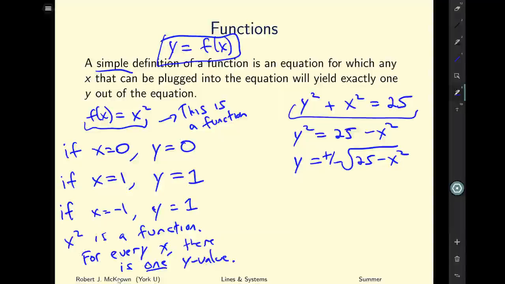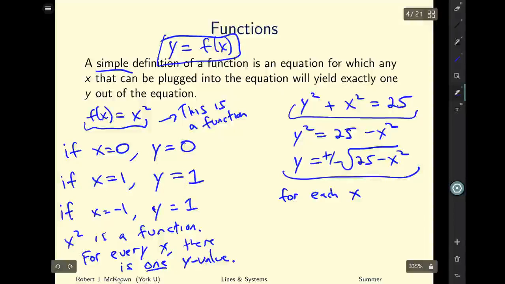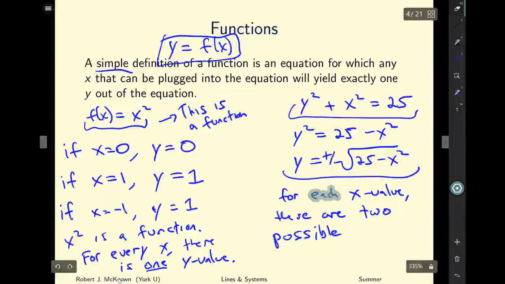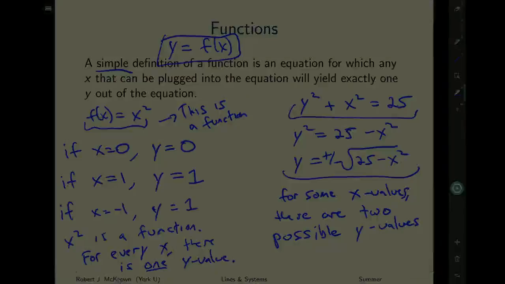And so with this example, for some x values, there are two possible y values. So it's not a function.